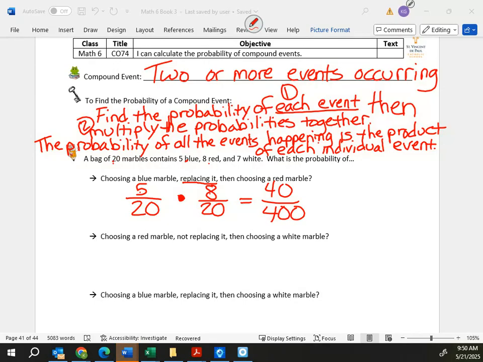Now we're at the same place we were at yesterday. What do I do to find this probability? Adeline? I'm going to divide the top number by the bottom number to get my decimal. What is 40 divided by 400? Kylie?